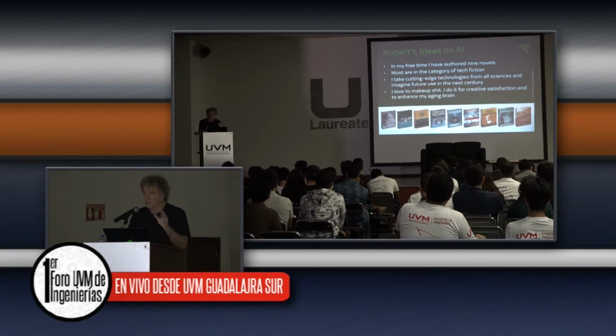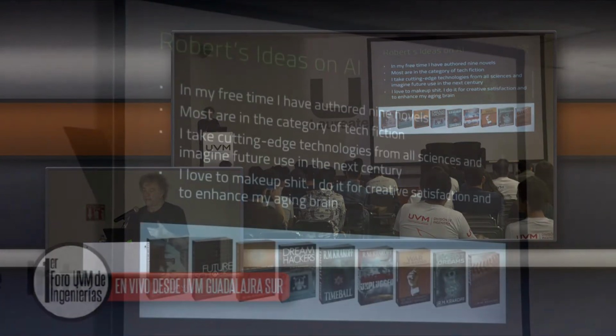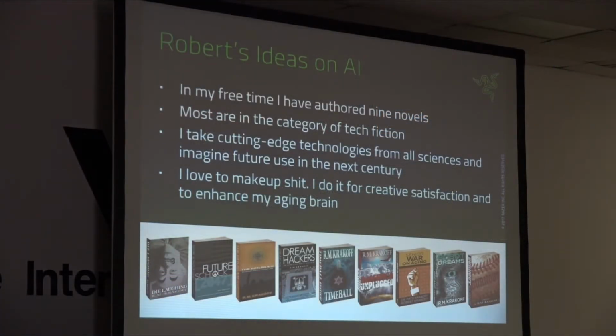So what I do is I take cutting edge technology from whatever sciences I can, and I imagine how they're going to come out in the future, how they're going to affect you, me, our children, our grandchildren, the world, what's left of it. And then I love to make stuff up.